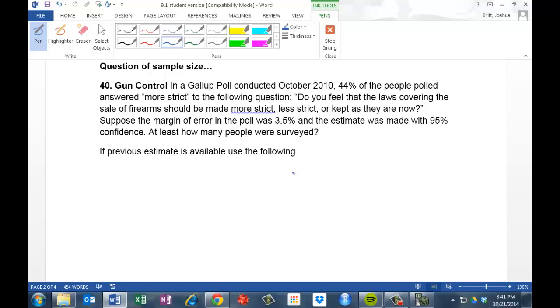So basically this question of sample size, basically we specify a margin of error and a level of confidence, and we want to know what should the sample size be to estimate the true value within the margin of error, with a certain level of confidence. Now there are two formulas that we're going to use here.